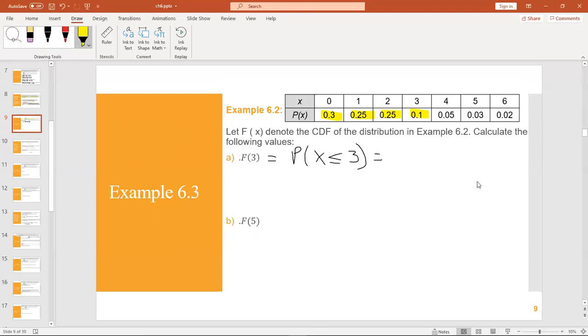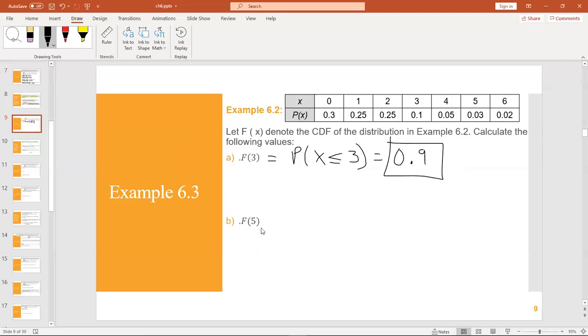That's going to be 0.3 plus 0.25 plus 0.25 plus 0.1. Those two give you 50, that one's going to take you up to 80, that's going to give you 90. So this is going to be 0.90, is what those will all add up to. Let's do 0.9 or 0.90, 90%. So there you go, 0.9.